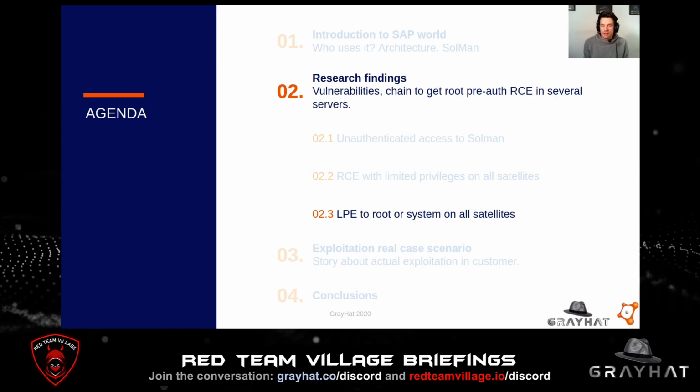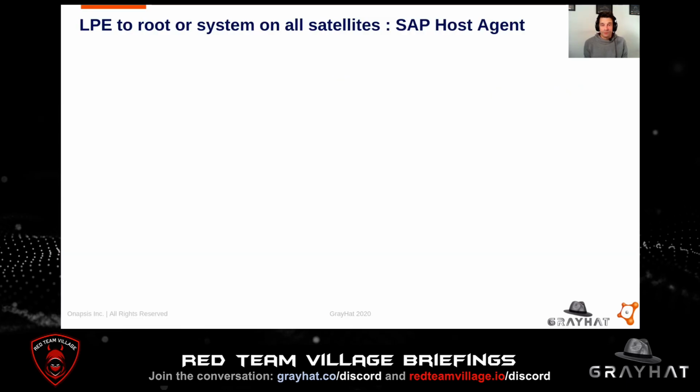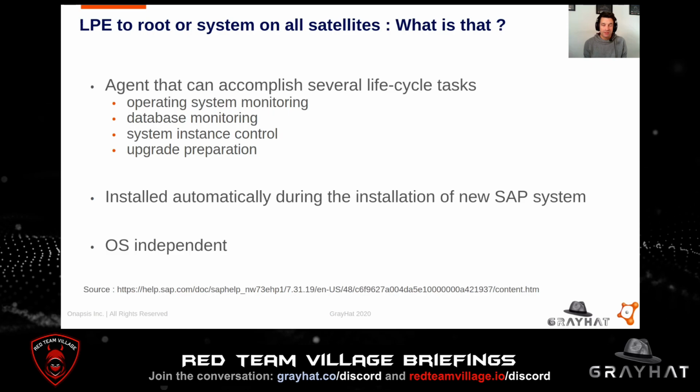All right, so let's jump to the third part of this research finding. Basically, how we chain them all. To understand this part, we need to introduce a new agent. Again, the name is Subpost Agent. It's again a little component.